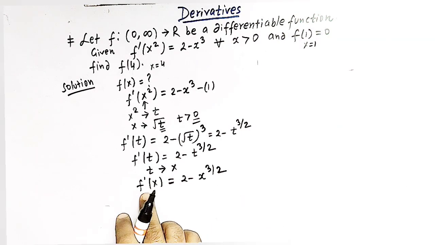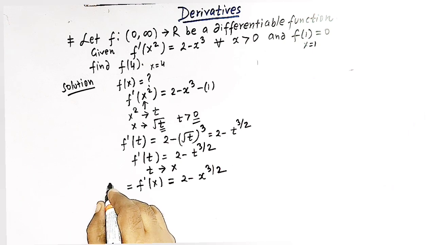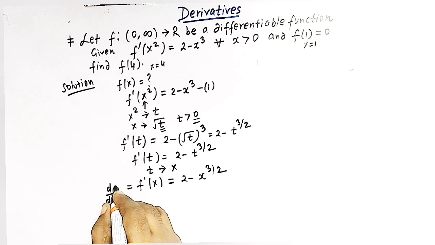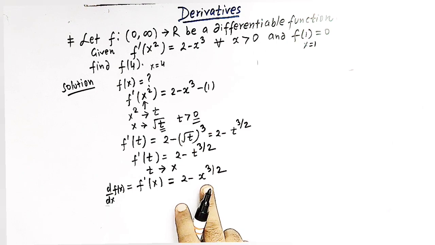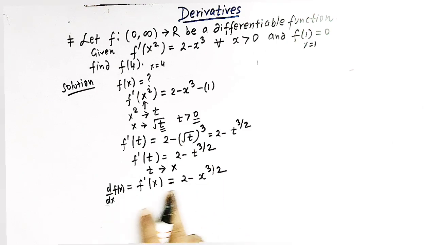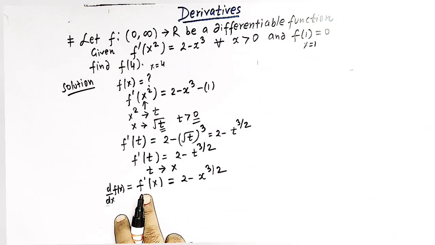So now we have here d by dx of f of x, and this is a differential equation, and we can easily find out the function f of x by integrating both sides with respect to x.